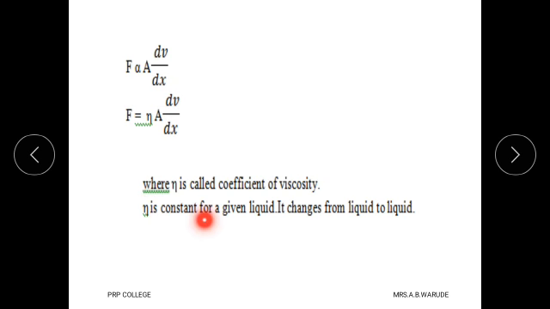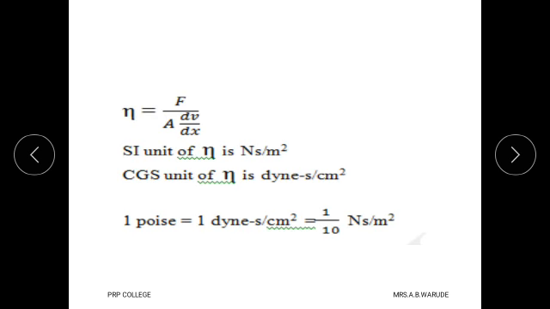That eta is constant for a given liquid and it changes from liquid to liquid, meaning eta is not the same for all liquids. If the liquid changes, then the value of eta changes.